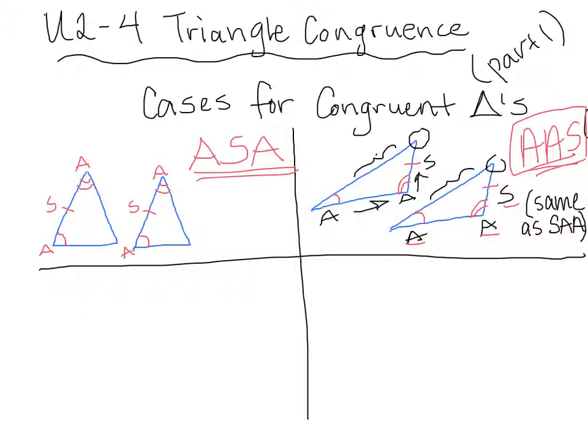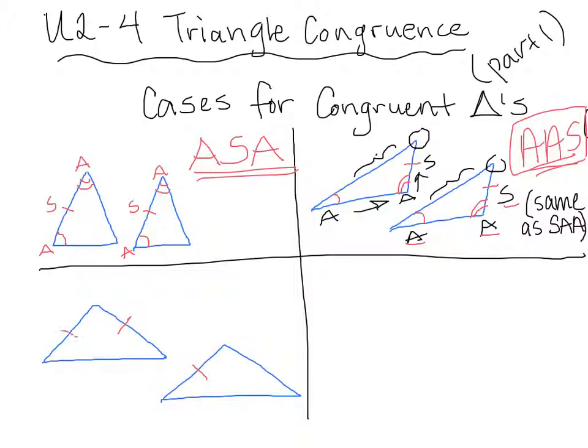Let's look at a third scenario. Again, try to draw 2 triangles that look the same. And here's how we'll label these. I'm going to mark this side and this side as congruent. Notice, triangles can be flipped around, one upside down. They can still be congruent.